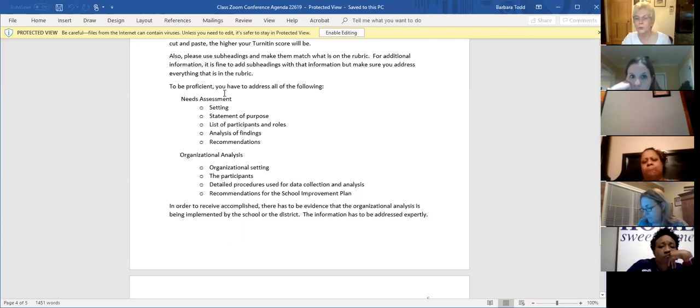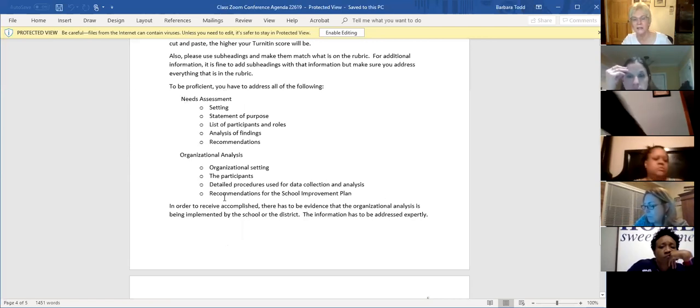What the rubric says is to be proficient in the needs assessment for prompt 1 has the setting, the statement of purpose, who participated and what were their roles, what did you find, and what recommendations do you have. For the organizational analysis, you have the organizational setting, the participants, detailed procedures used for collection of your data and your analysis, and recommendations for the school improvement plan.